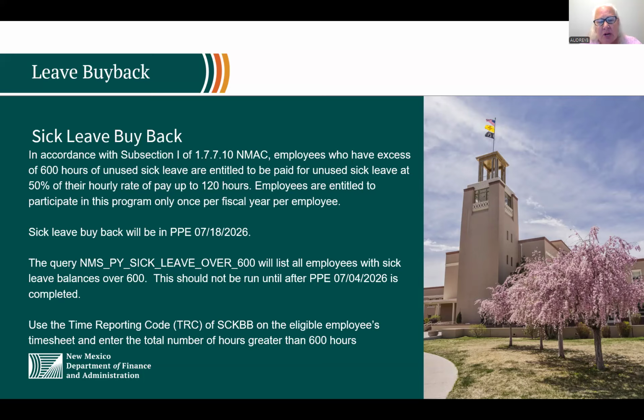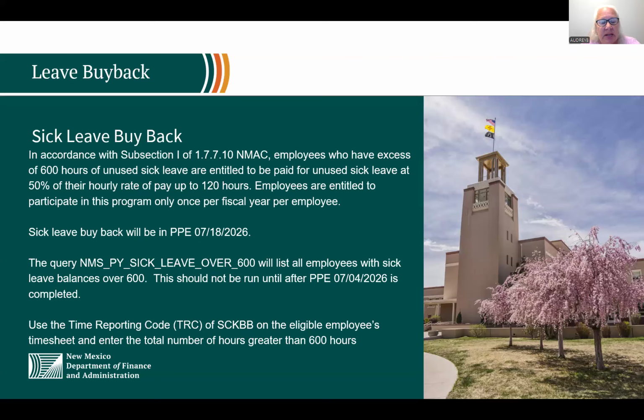Do the spreadsheet as opposed to submitting individually each employee that is selling back time. It just isn't very efficient for us to ask you to input 20 or 30 FSS submissions in order for us to second level approve the sick leave buyback.